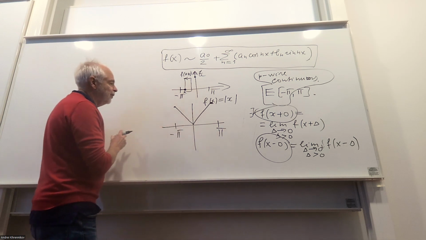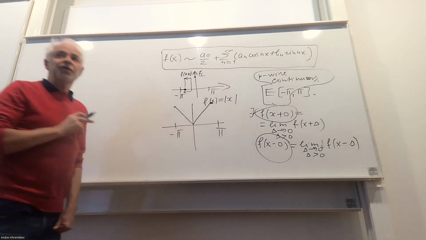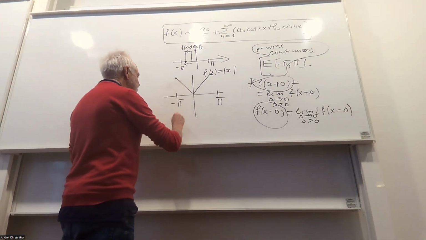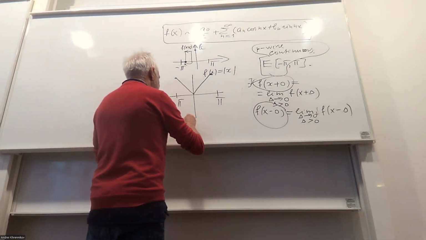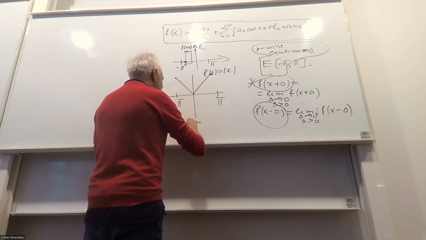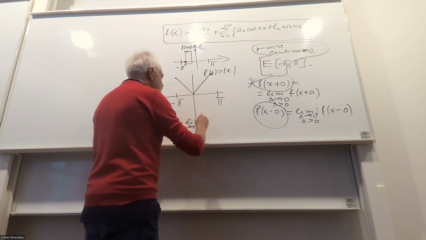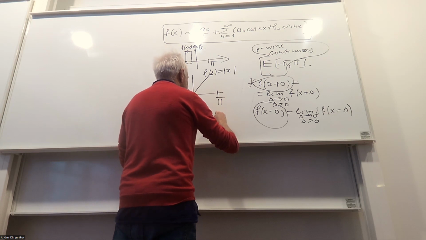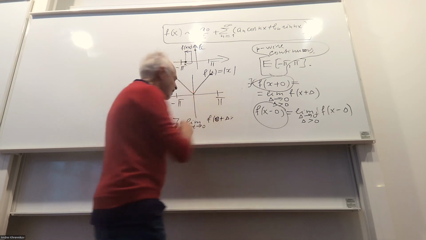If you try to find the derivative from this side, we get -1. So for this function, they exist: the limit as delta t goes to 0 of f(x) or you can write 0 plus delta t, or we write in the general case.